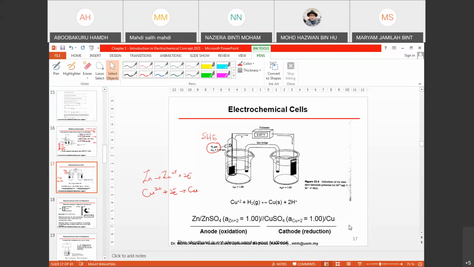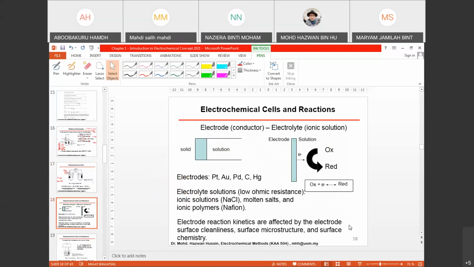Standard condition: pressure 1 atm, concentration 1 molar, temperature 25 degrees, then it's okay. But if it is not standard, then you have to use the Nernst equation. Yes, okay. Thank you.